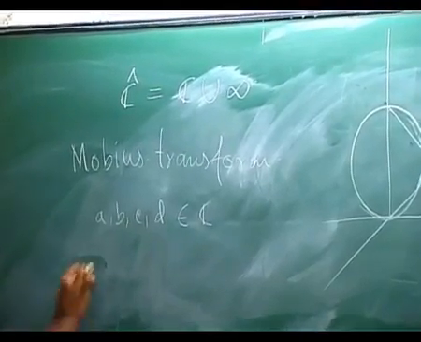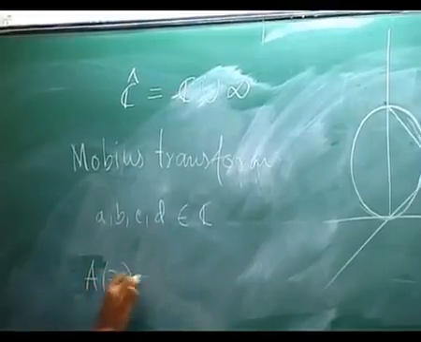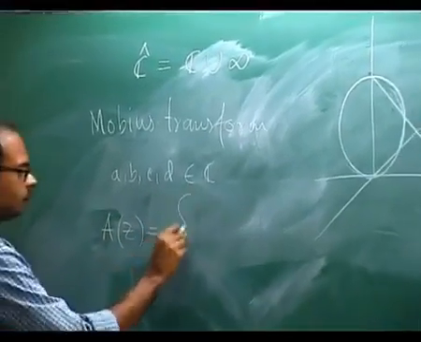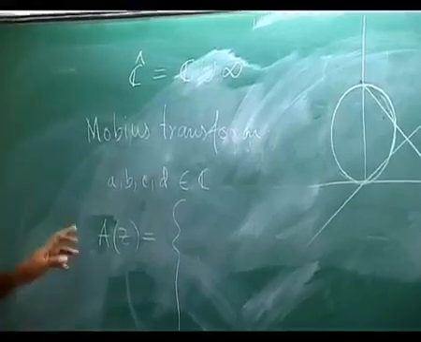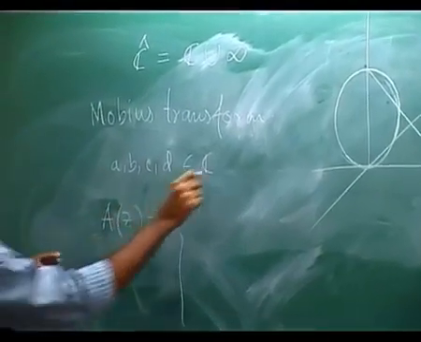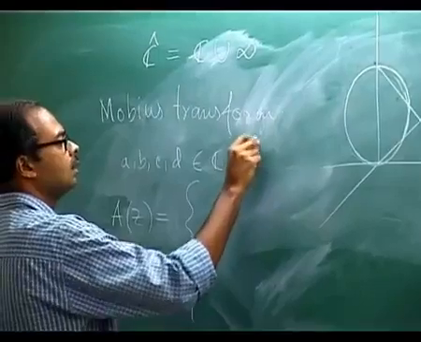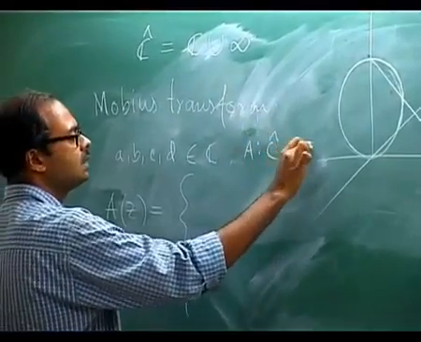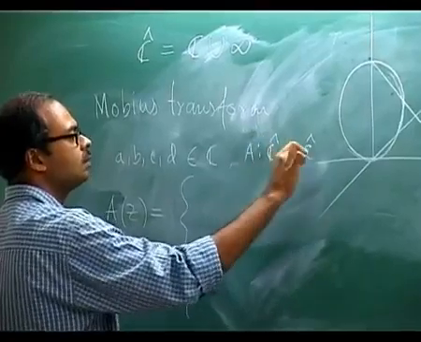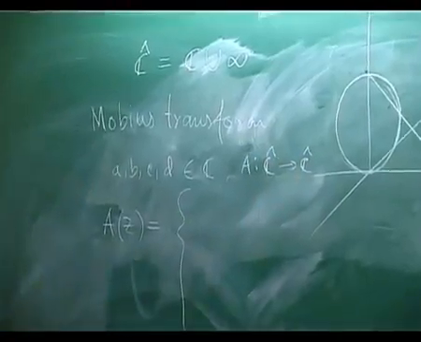So usually it's defined like this. There are several things to define, because I want to define this map from C hat to C hat. So I want to define it on the extended complex plane.